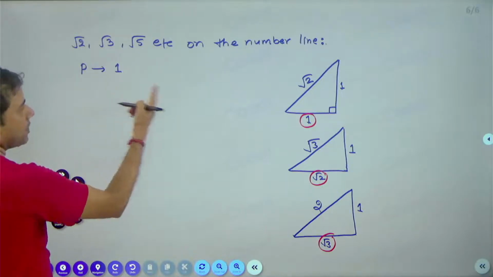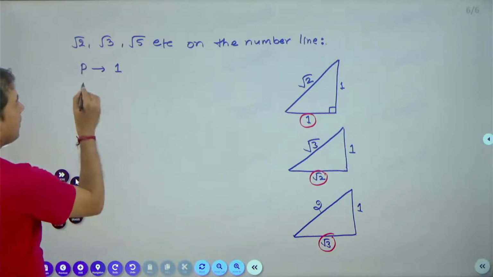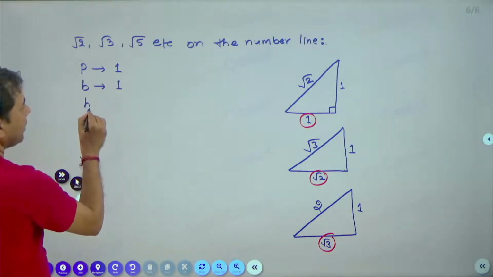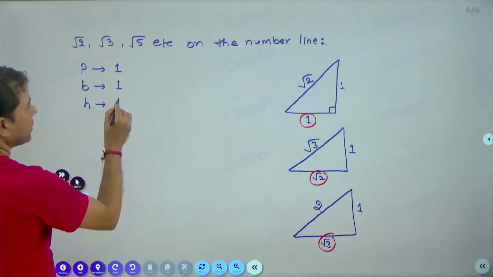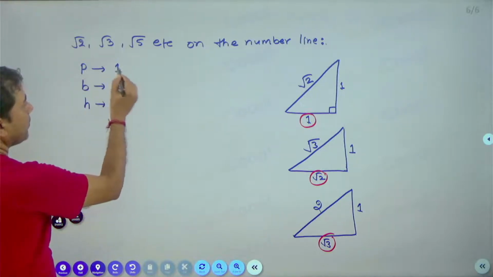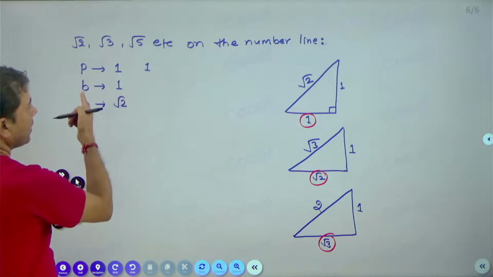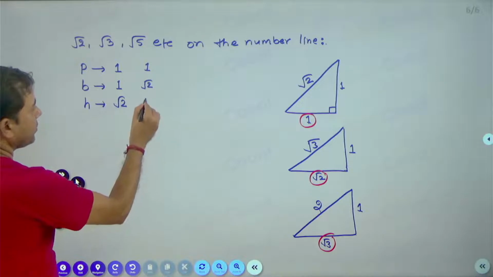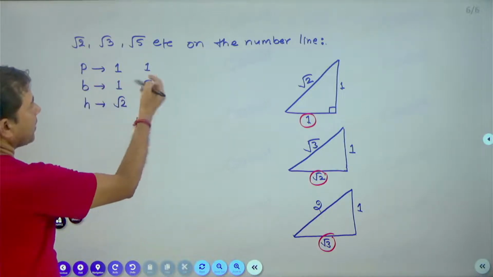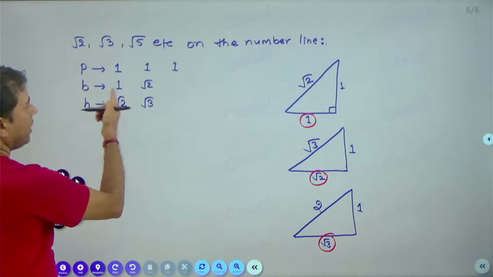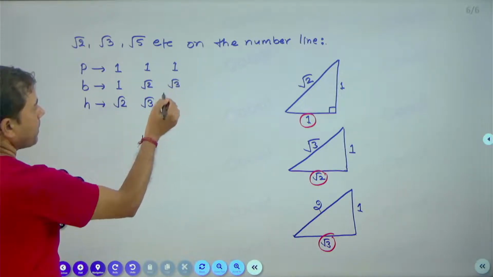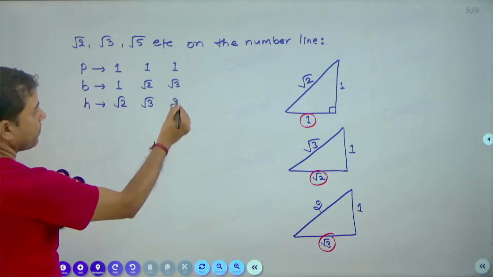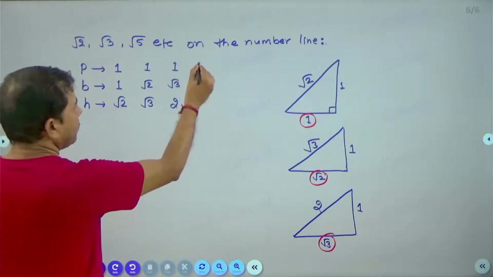First time perpendicular 1 unit, base 1 unit, and hypotenuse root 2 unit. But if we take perpendicular 1 unit, base root 2 unit, then the hypotenuse becomes root 3 units. If we take perpendicular 1 unit, base root 3 units, then the hypotenuse becomes 2, that is root 4 or 2, whatever you say.